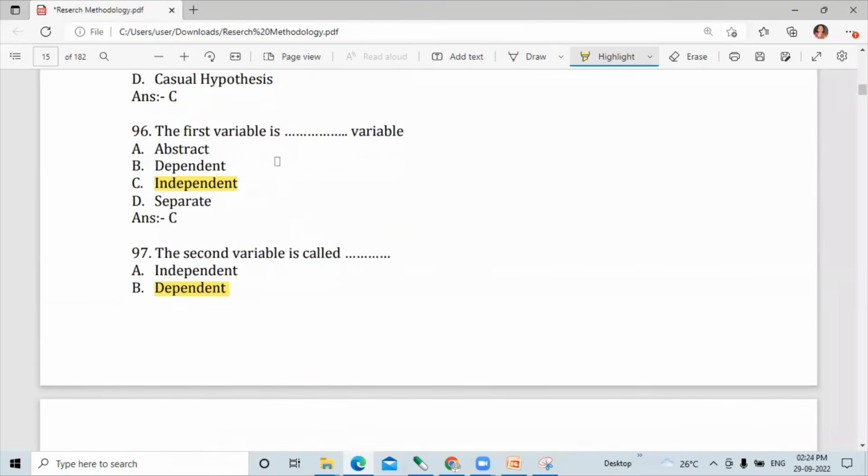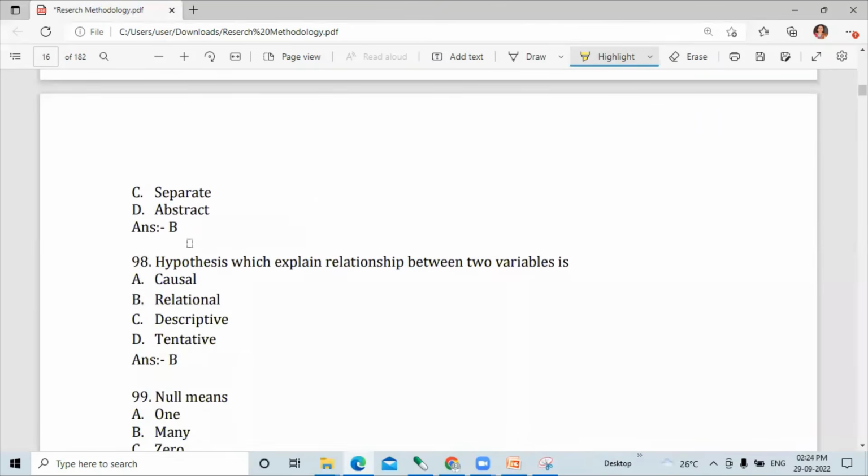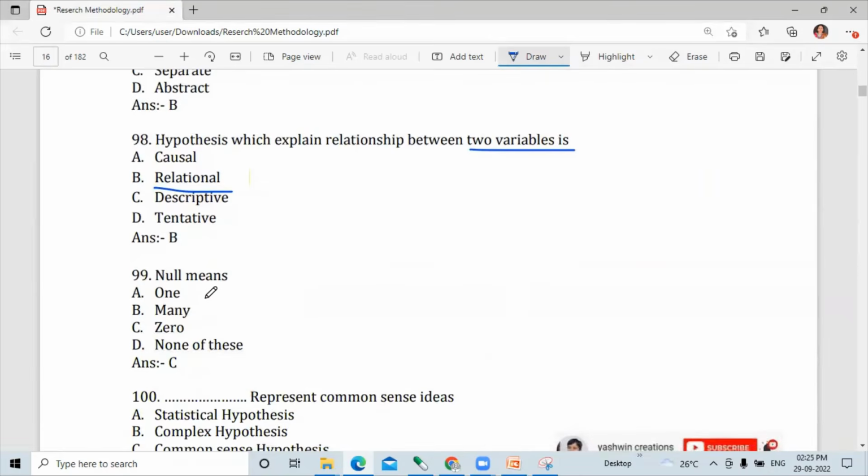And the next question is the hypothesis which explains the relationship between two variables is relational. Null means it is zero.